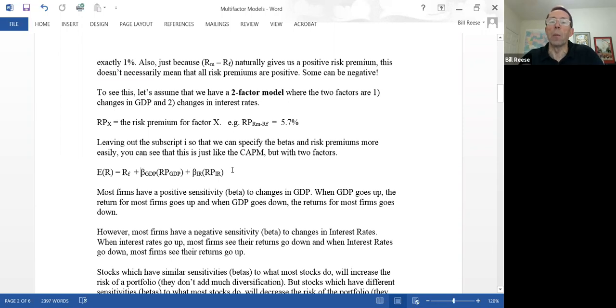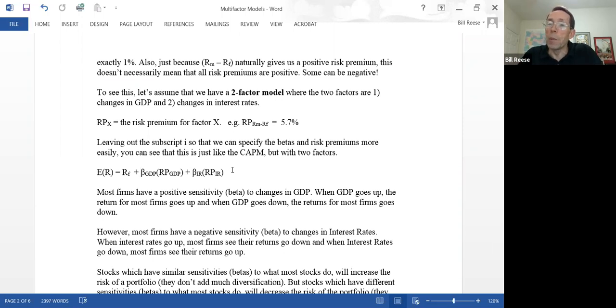So what's a risk premium? Well, remember the risk premium in the capital asset pricing model was the market risk premium of 5.7%. It was the extra return you get for taking on the risk of the market. Well, same thing is going to be true here.